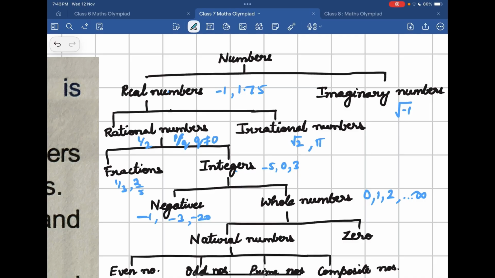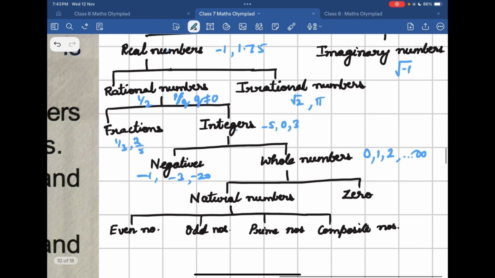But whole numbers are all positive numbers including 0. Then these whole numbers can be divided into natural numbers and 0. Natural numbers do not contain 0. That is why I have written it separately. Other than 0, all the numbers are natural numbers. All the positive numbers: 1, 2, 3 till infinity.